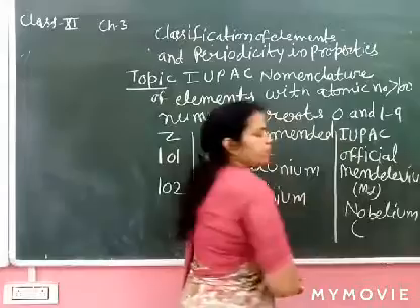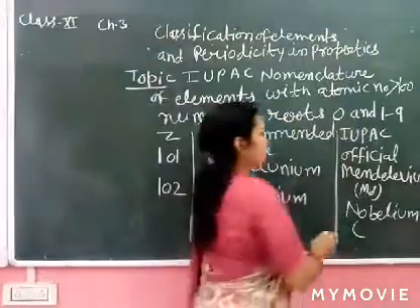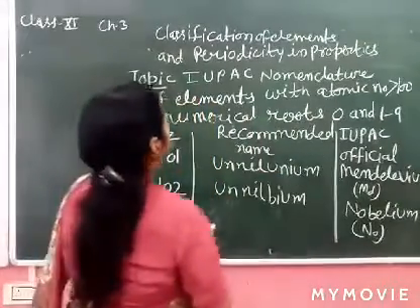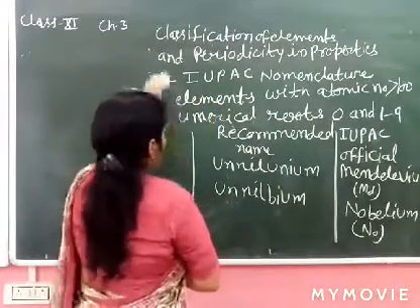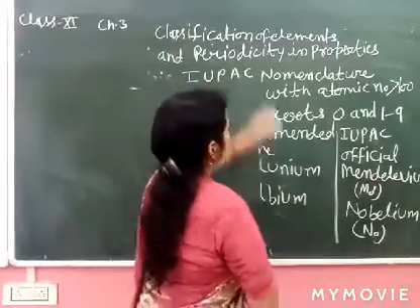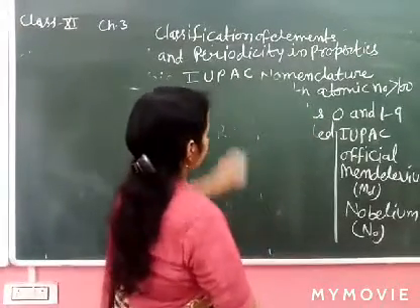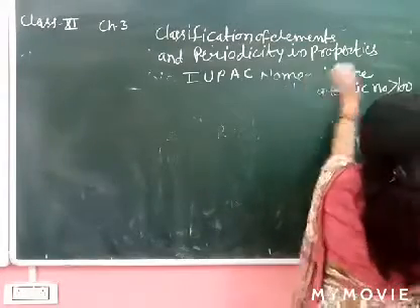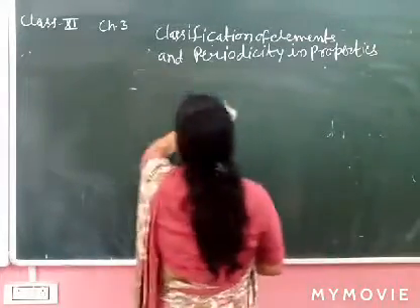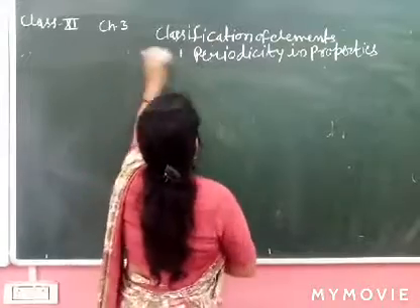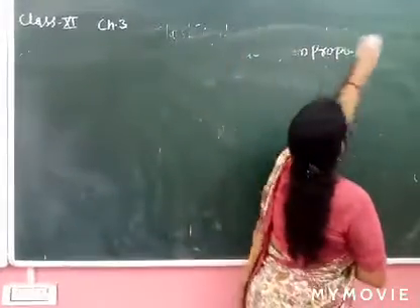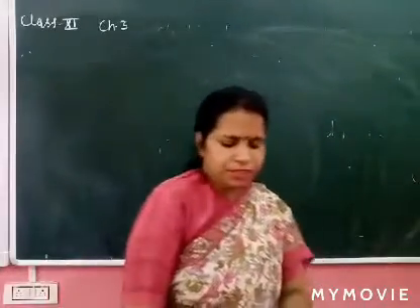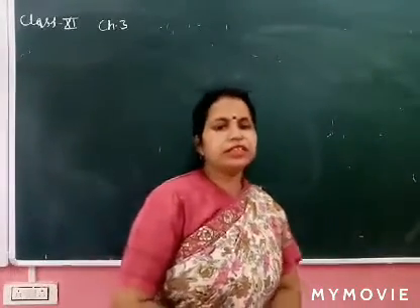What is the symbol of Nobelium? No. Now write down in continuity. After 102 comes 103. Try to write 103: Unniltrium.